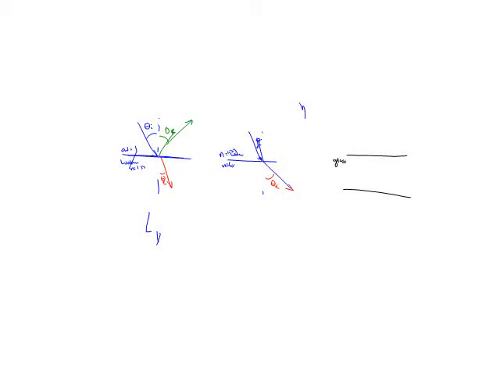Now, sometimes when you hit this piece of glass from the inside, which is a little weird, if this is glass and this is, let's call it air out here, if we hit our piece of glass from the inside at the critical angle, which is the angle that causes it, when it refracts, instead of refracting up here, it actually refracts along the outside edge. And this is called the critical angle. So when the incident angle is equal to the critical angle, you get this 90 degrees of refraction.